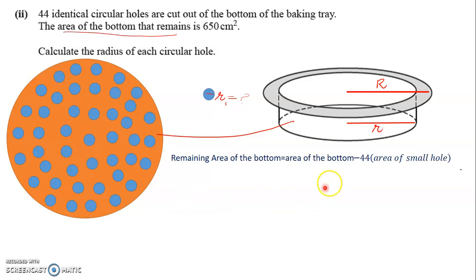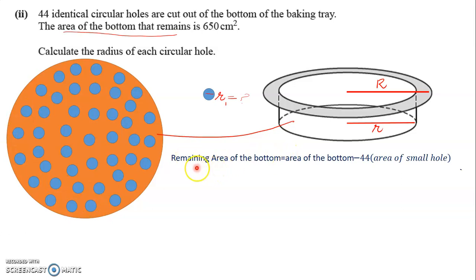Now, in order to solve this question, I've taken this equation. Remaining area of the bottom is equal to area of the bottom minus 44 times area of the small hole. To understand this equation, you have to imagine the bottom of the tray.